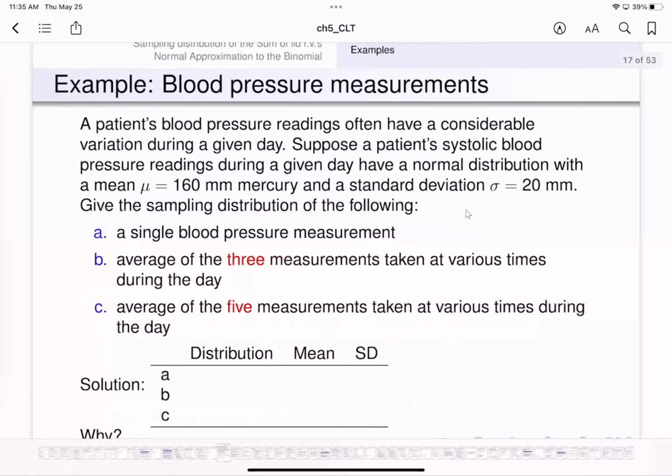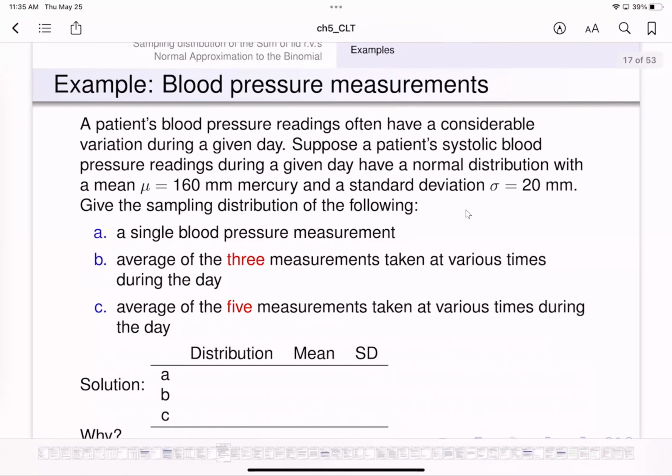Let's look at an example. This is a blood pressure measurement. Blood pressure generally varies throughout the day, and suppose a patient's systolic blood pressure is normally distributed with mean 160 and standard deviation 20.